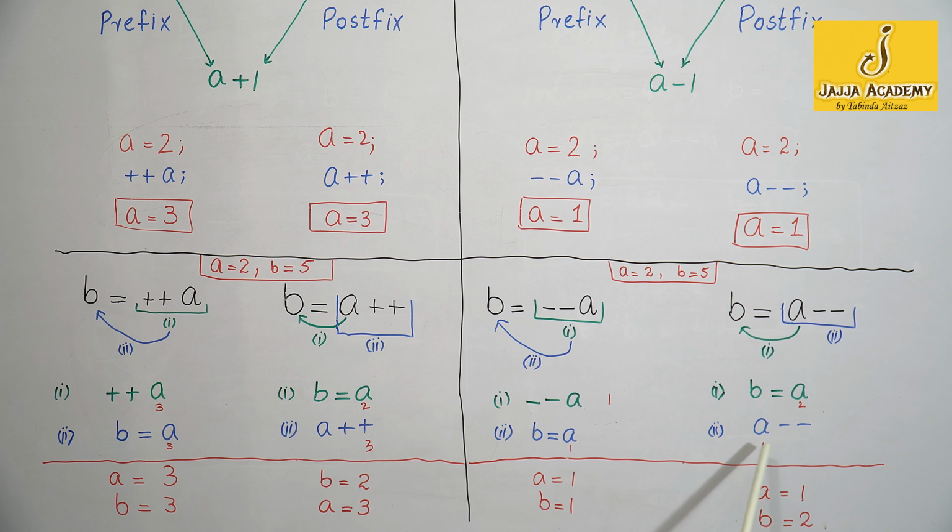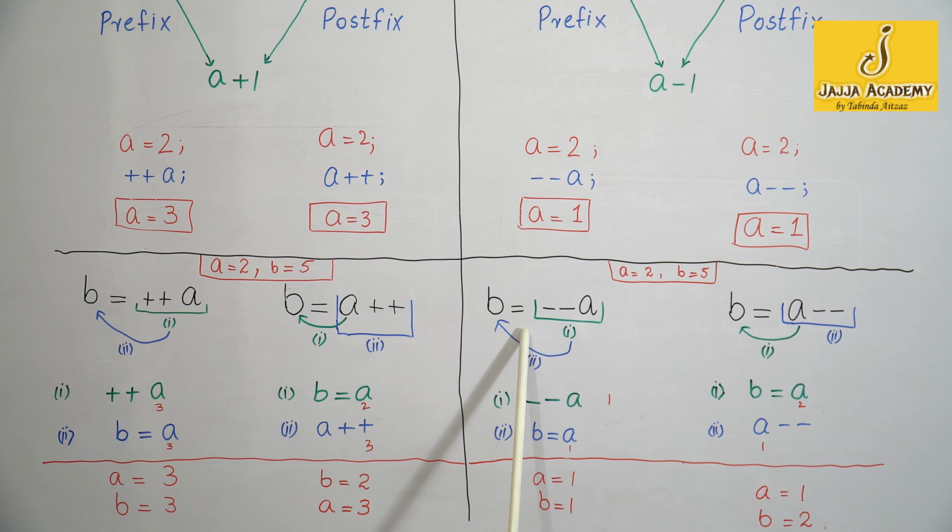The same difference exists in the decrement operator. When we used it independently, there was no difference between prefix output and postfix output. But when we use the decrement operator with another operator, the assignment operator, then there will be a difference between the outputs of the prefix decrement operator and the postfix decrement operator.